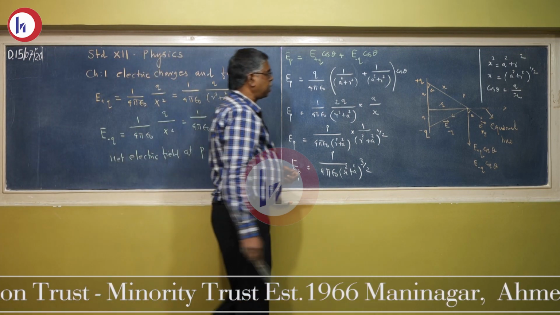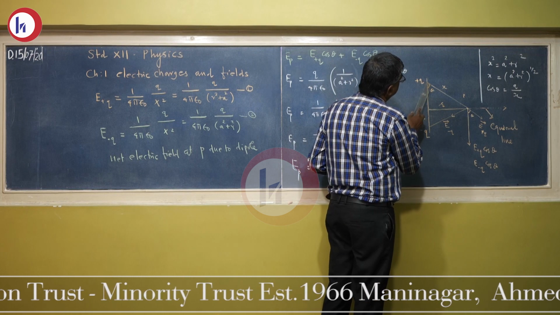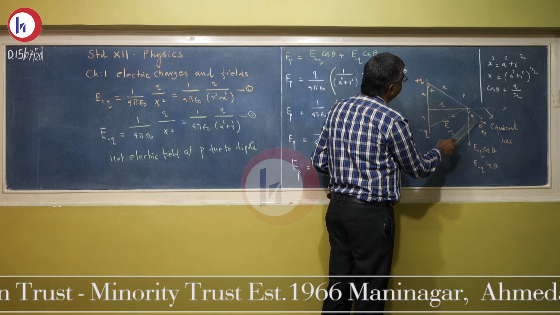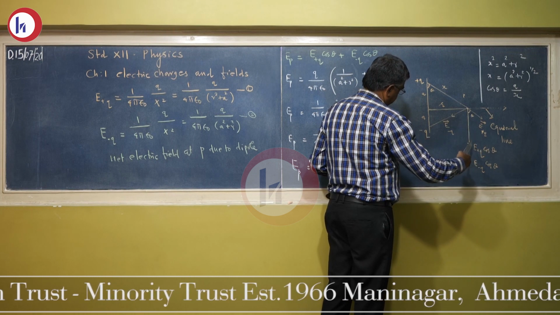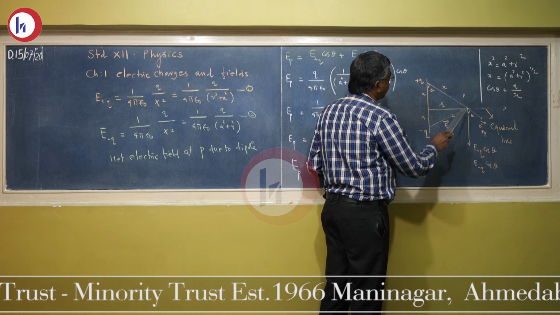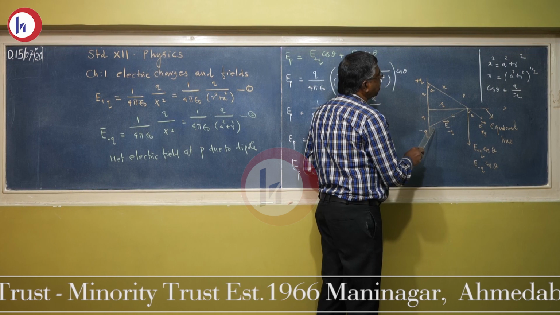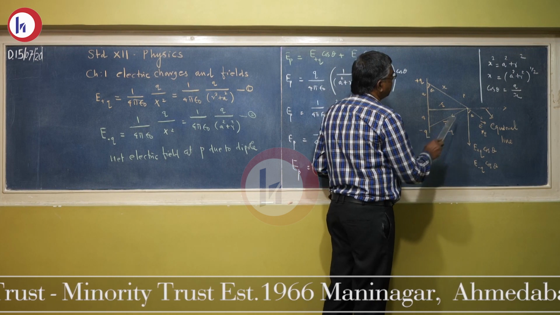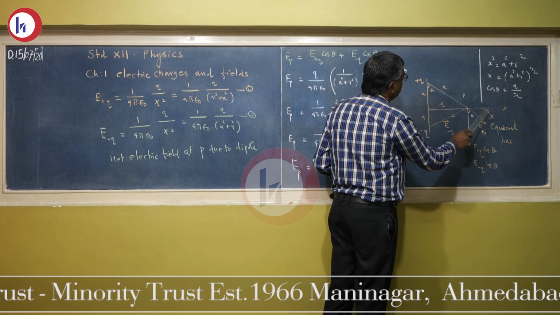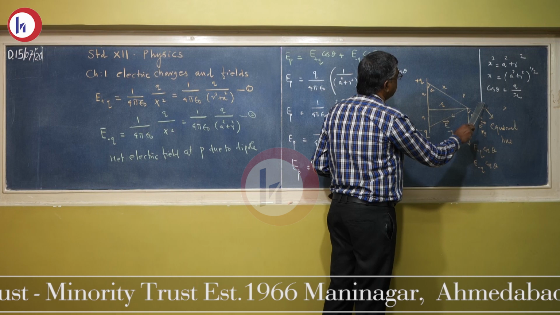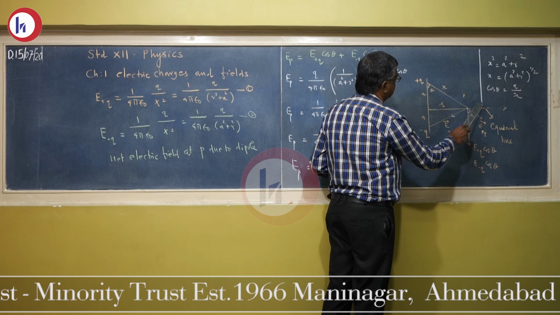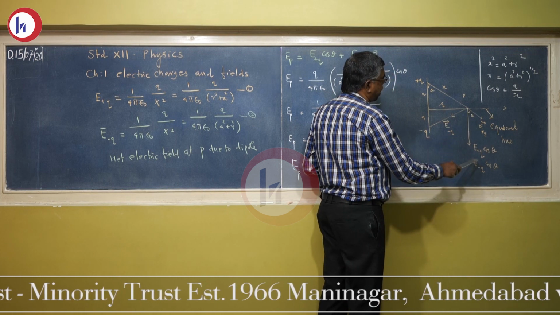From the figure, the electric field due to the positive charge acts along this direction, making an angle theta with respect to the negative axis, and the electric field due to the negative charge acts along this direction. Writing the components, the electric field due to the positive charge gives E sin theta and this gives E sin theta. Both components will cancel each other. Only the cos component will be added.